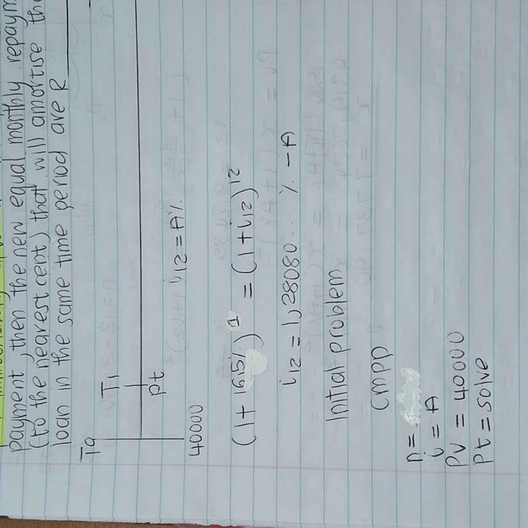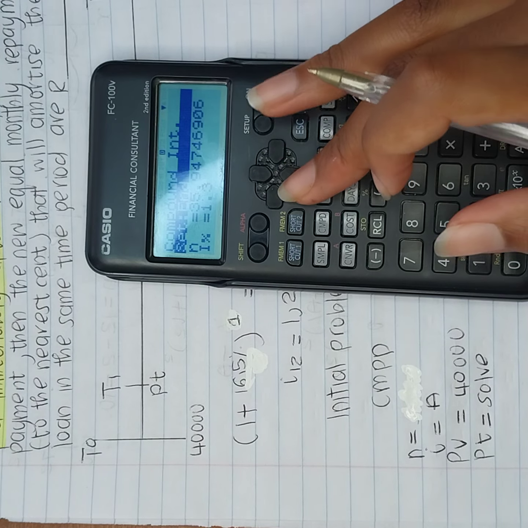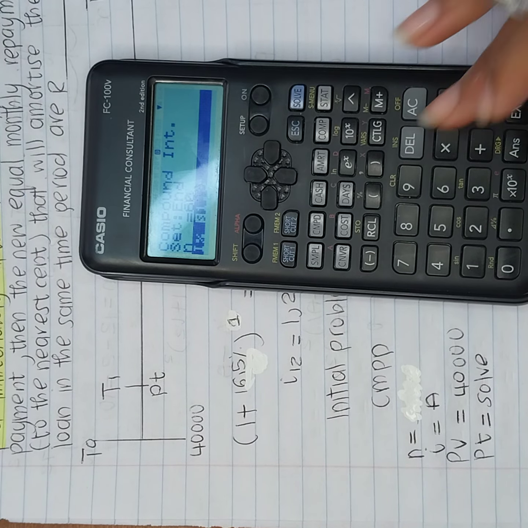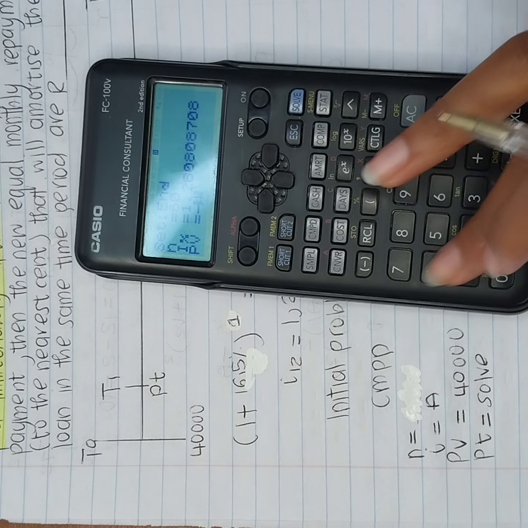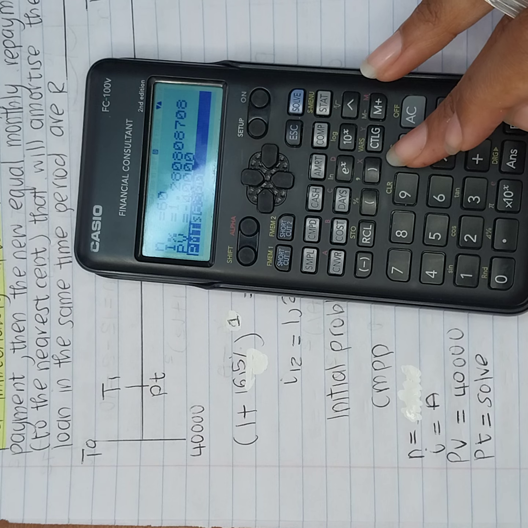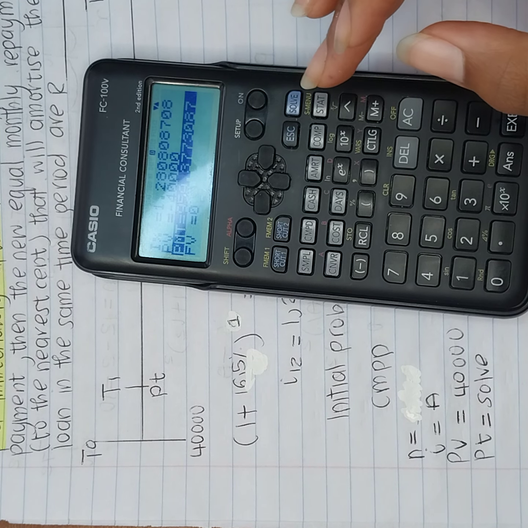So let us just put that in our calculator as N equals 60. My PV is negative 40,000. PT is what we are solving for. Solve.